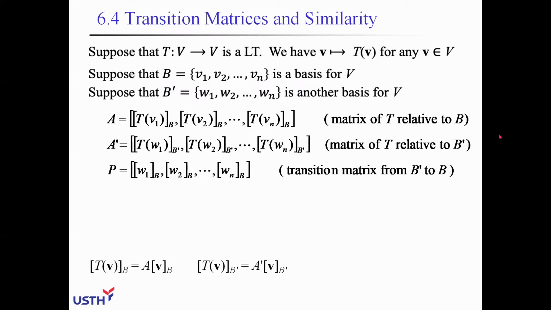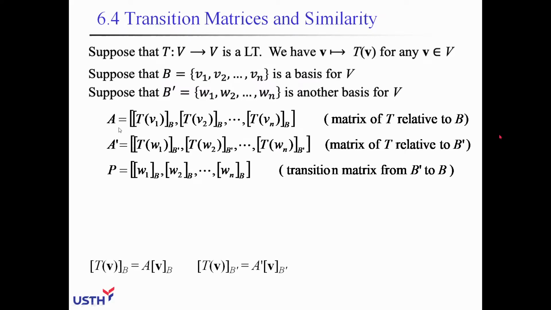Here it is. Suppose that P is the transition matrix from B prime to B. It is defined like that. I will not repeat it here; you have to read it in the slide before.